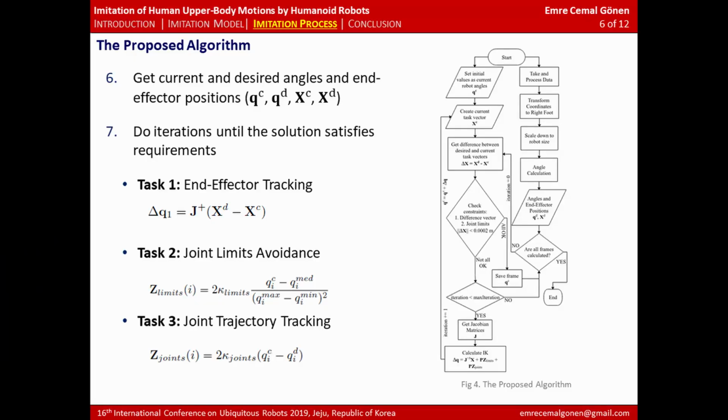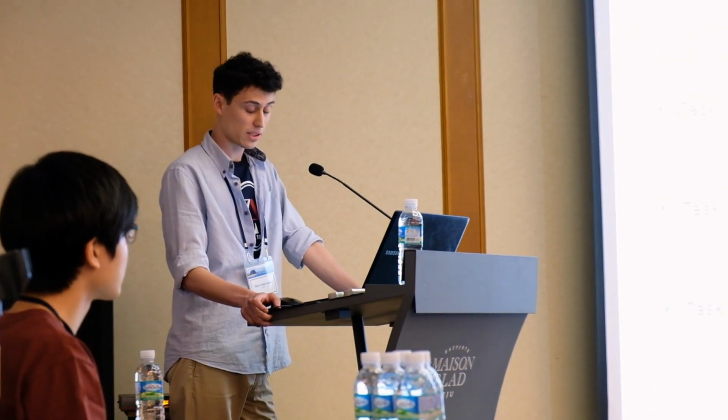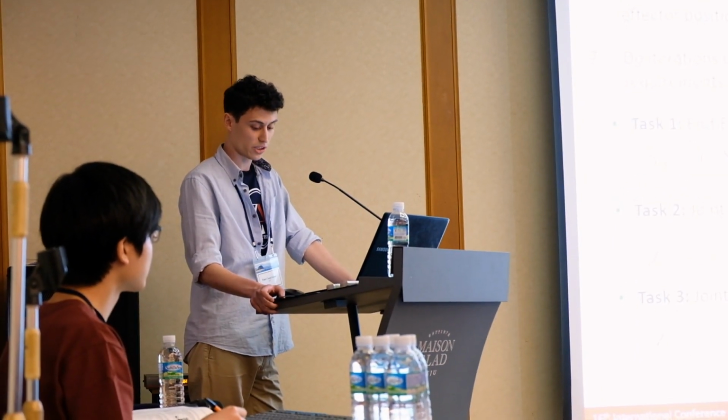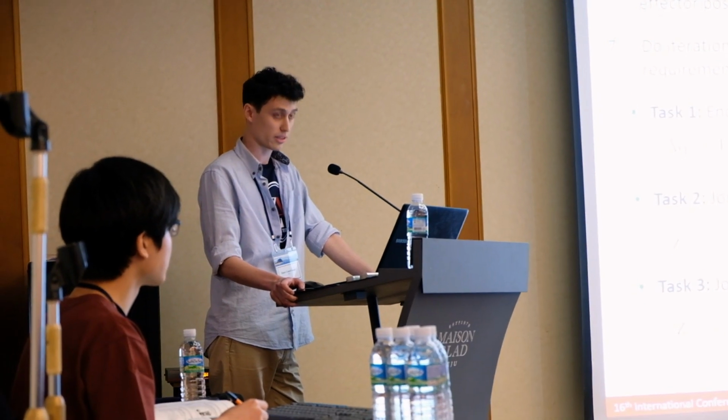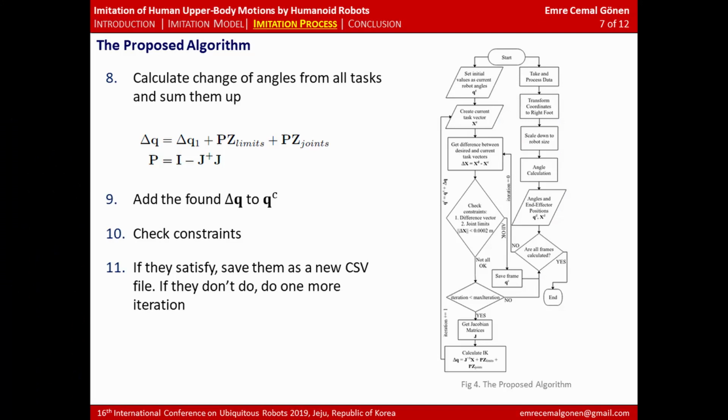In the sixth step, we create vectors of current and desired positions for both joints and end effectors. And then I have three tasks in one iteration step, which are end effector tracking, joint limits avoidance, and joint trajectory tracking, which uses the reference angles I previously calculated.